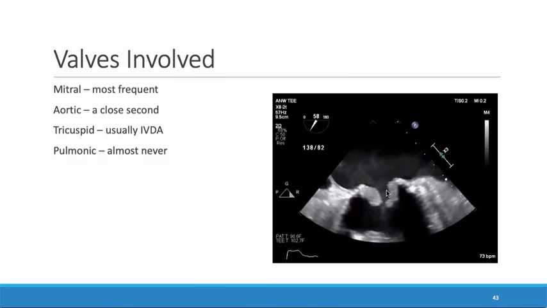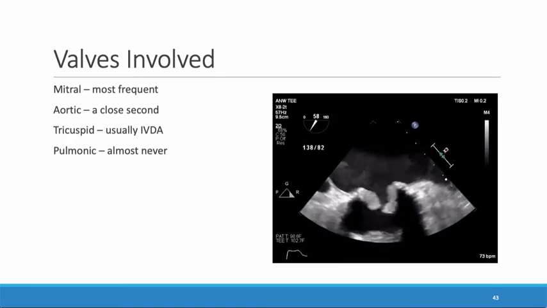But here's these big giant globs that are on there. The second most commonly infected valve is the aortic valve. The tricuspid valve is usually involved with IV drug abuse. Well, let me say it this way. When we see tricuspid valve endocarditis, it's almost always from IV drug abuse. Okay, and we rarely in adults see pulmonic valve involvement.